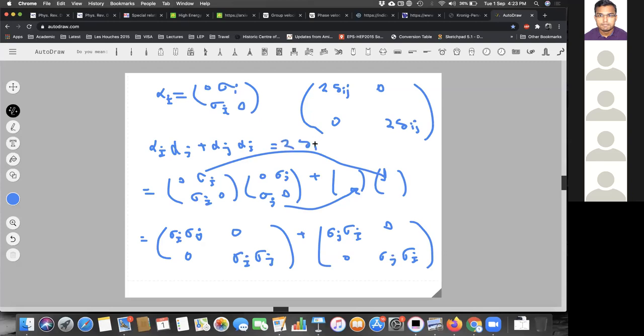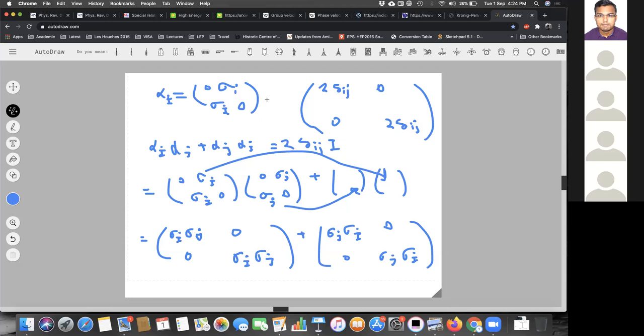So this choice does the job. Is this okay? Yes, sir. This choice that I have made, beta diagonal with identity 0, 0 minus identity, and alpha i to be this, does the job. The only thing is maybe you can check whether the alpha and beta anti-commute or not.